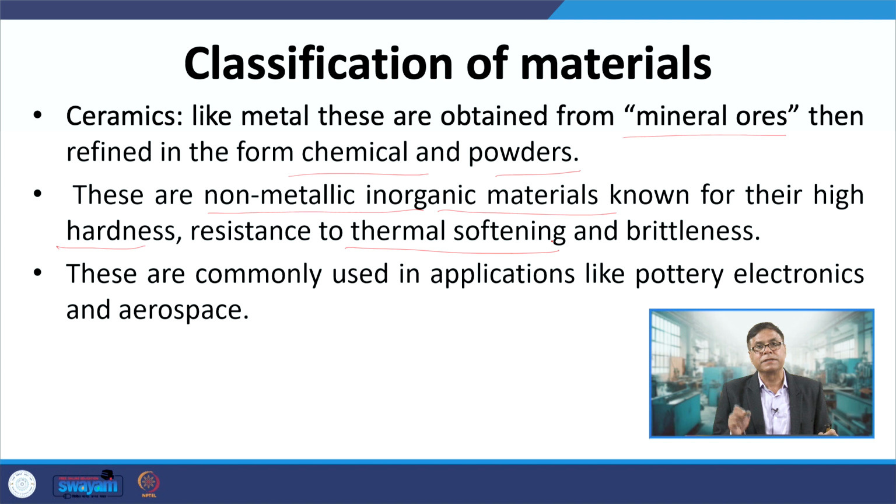Thermal softening resistance, meaning hot hardness, is very high; they do not soften easily at high temperature, and also these are known for high brittleness. These are good under compressive conditions, though. So, these are commonly used for applications like pottery, electronics and in aerospace.